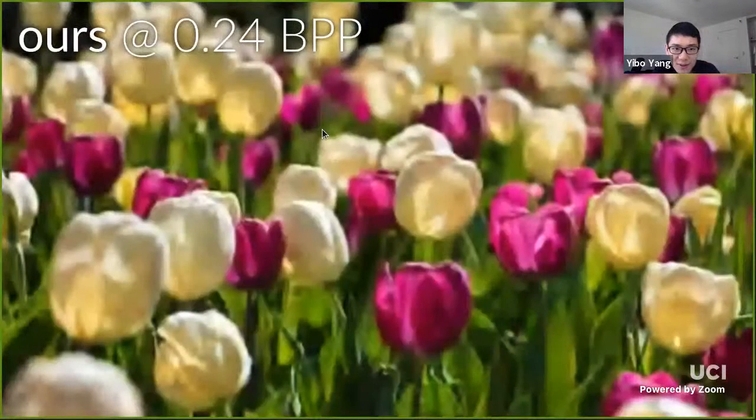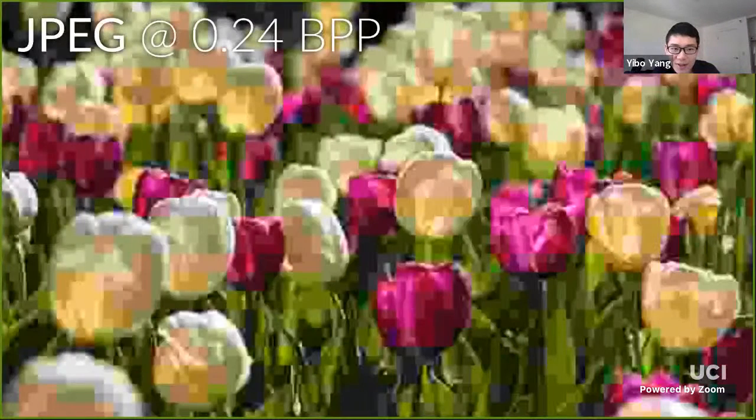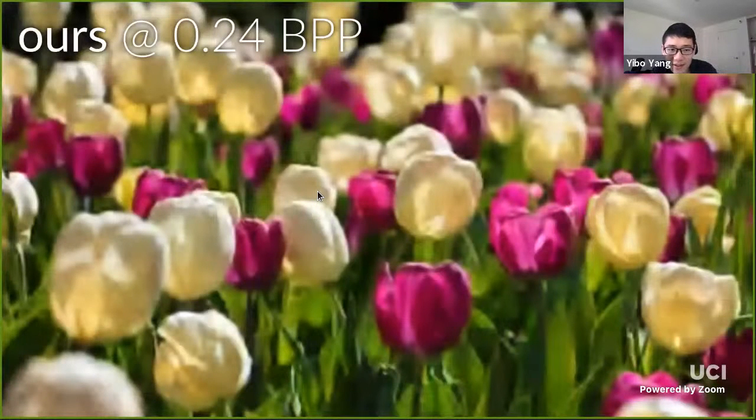And here's an example with a deep learning based method at the same file size. Keep in mind that this algorithm is based on minimizing mean square error distortion, and it's already able to avoid these blocky artifacts from JPEG. So that's a nice bonus we get from these deep learning algorithms.